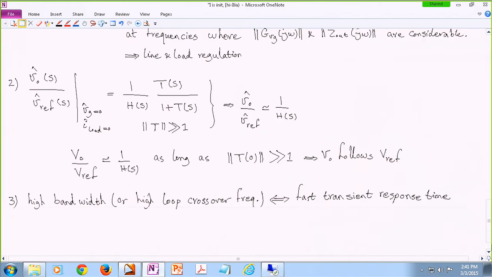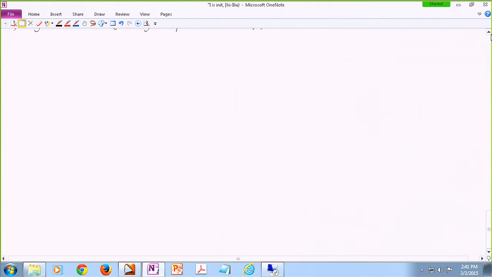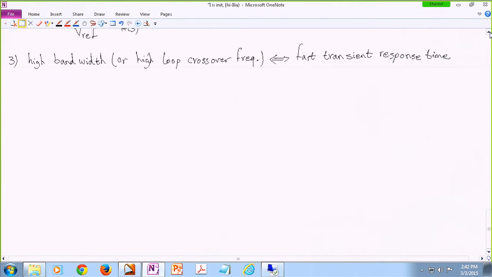Now, before we get into the crossover definition for the crossover frequency, let me tell you the difference between a high bandwidth system and a low bandwidth system.